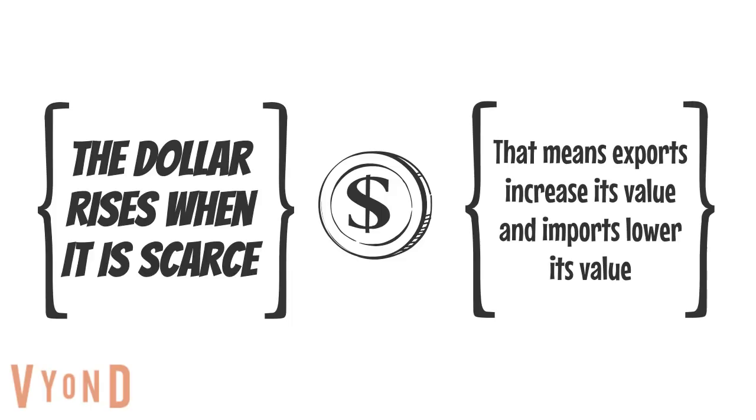It makes the yuan scarce. The plentiful dollar should fall in value and the scarce yuan should rise. Exports increase the value of your currency, and imports lower the value of your currency. Unless, of course, the country is pegging it, and we'll talk about that.